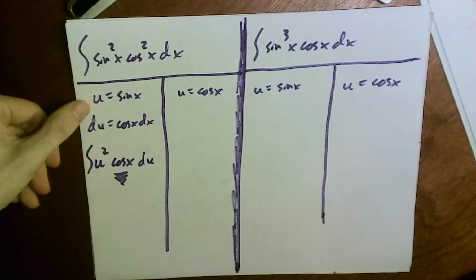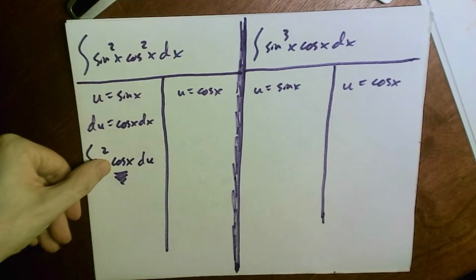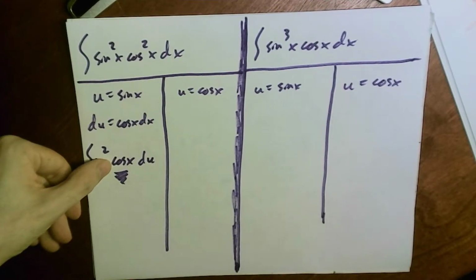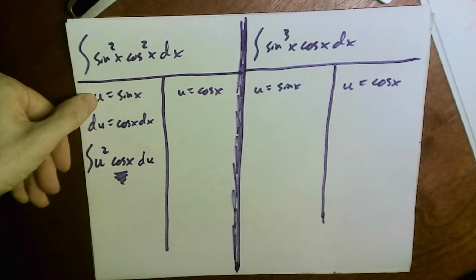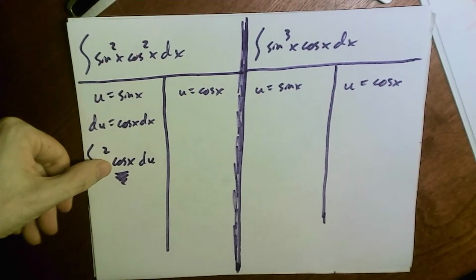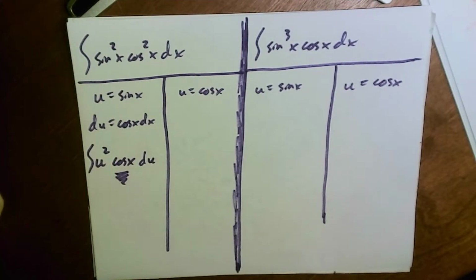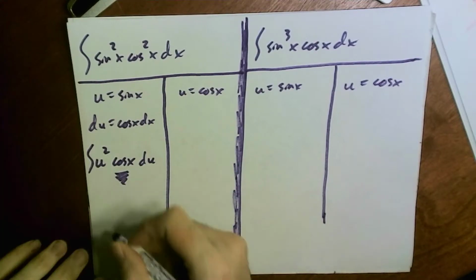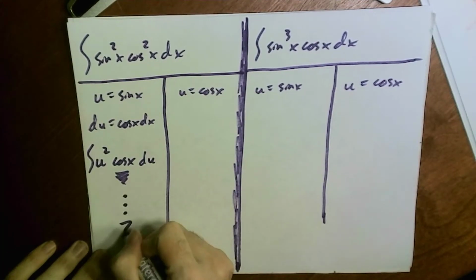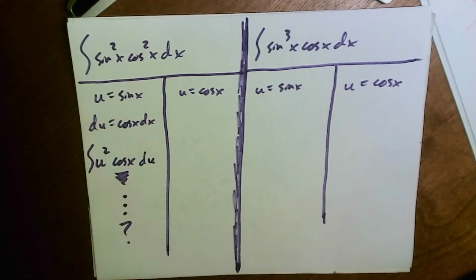If u is sine, there isn't a particularly good back sub, as I call it, going back to my formula and substituting again to get rid of that cosine part. So maybe this is doable, but not directly. The substitution of u equals sine is not a straightforward substitution that we can just finish easily.